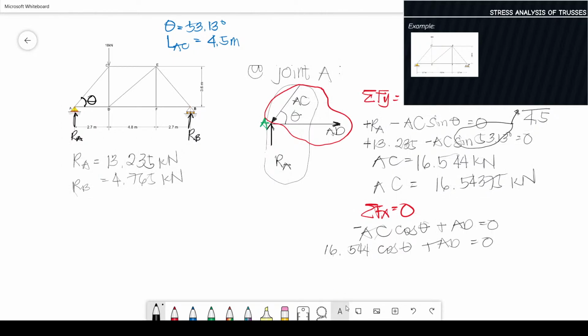So our AD is equals to negative. Okay. Please carry on the sign always. It's negative. So this will be 9.9264 kilonewton.